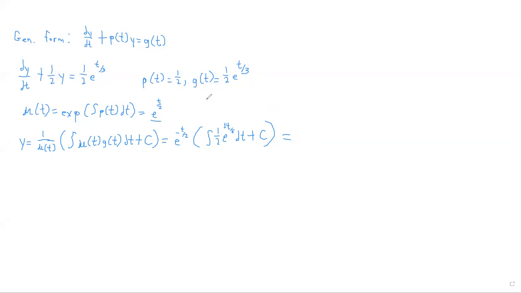So that is equal to e to the negative t over 2 times 1/2, okay, so times 6/5 e to the power of 5t over 6 plus c e to the negative t over 2.